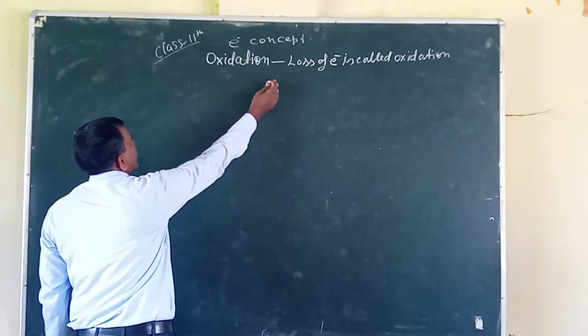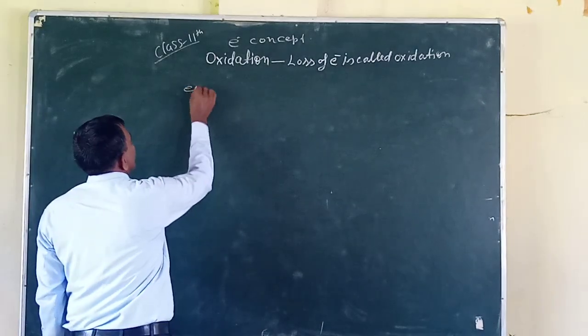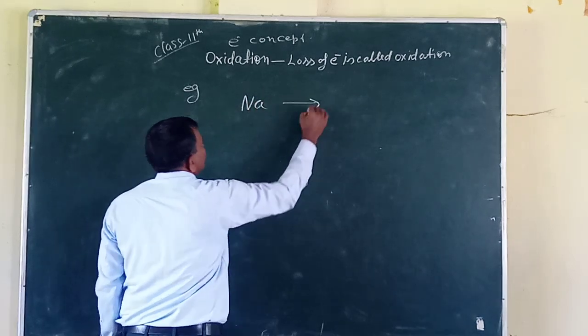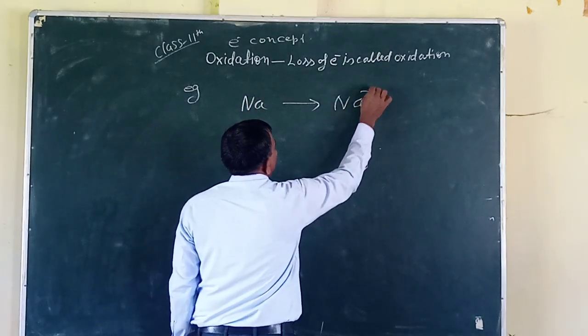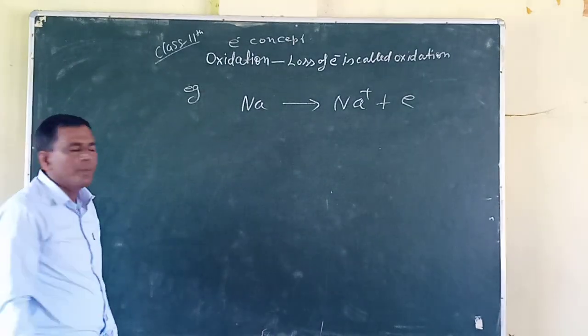Now oxidation, loss of electron, is called oxidation. For example, here sodium gives sodium ion plus one electron. Why?